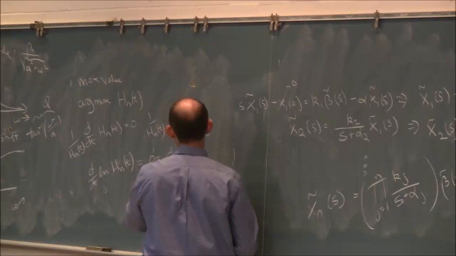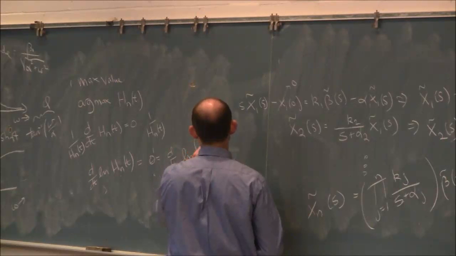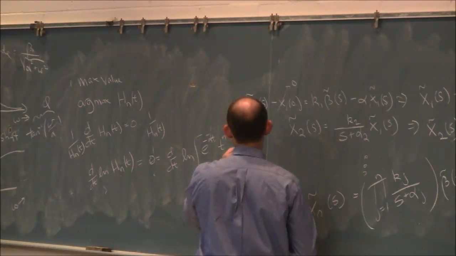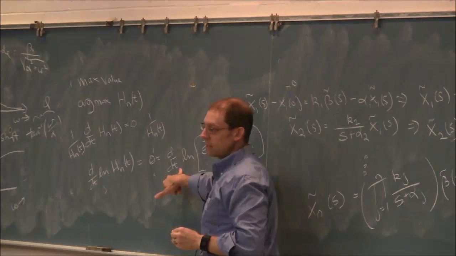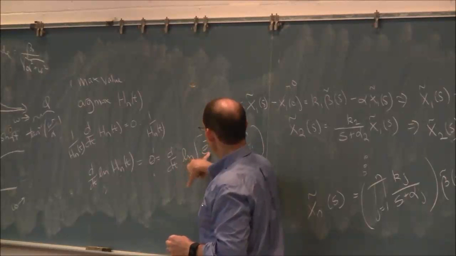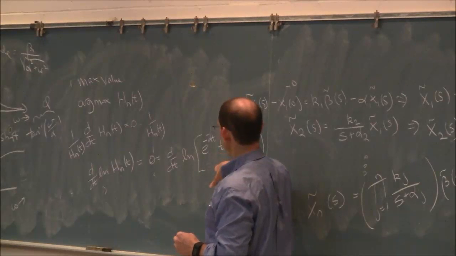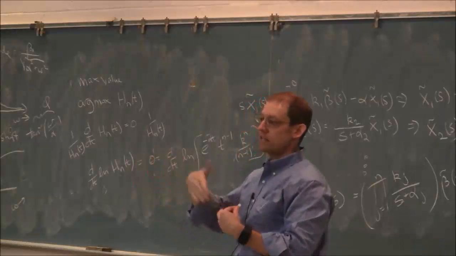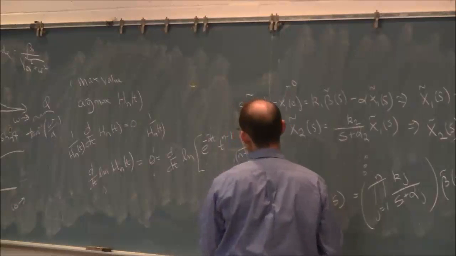So this is ddt of the log of e to the minus alpha t, t to the n minus 1, and then it was something like k to the n over n minus 1 factorial. So we're taking the derivative with respect to t of the log of this, and so that's equal to the log of e to the minus alpha t plus the log of t to the n minus 1 plus the log of k to the n over n minus 1 factorial. But this factor doesn't have any power of t in it. It's affecting the height, but it's not affecting the position of the maximum. So we can ignore that.